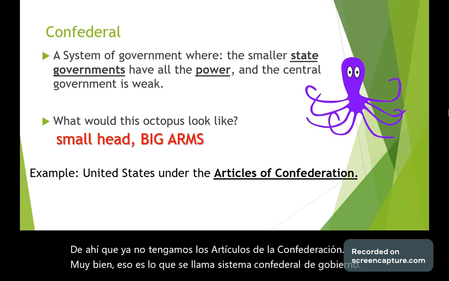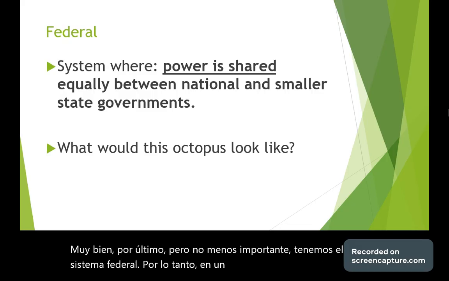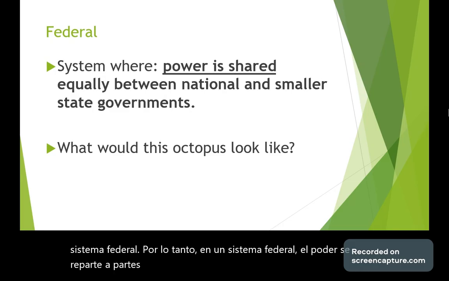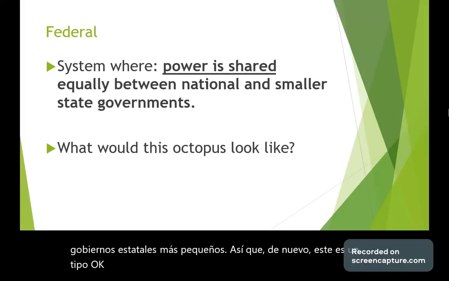All right, so last but not least, we have the federal system. In a federal system, the power is shared equally between the national or central government and smaller state governments. So again, this is a power-shared type of situation, and usually it's in a pretty equal balance. So what would that octopus look like?